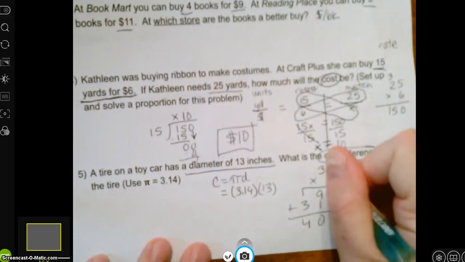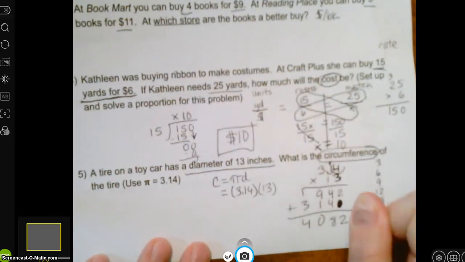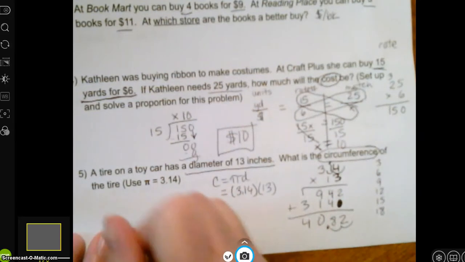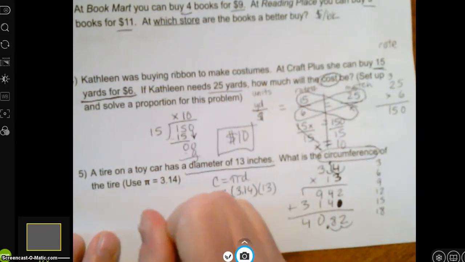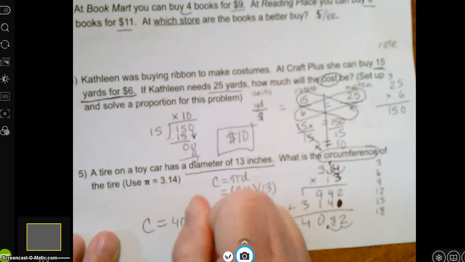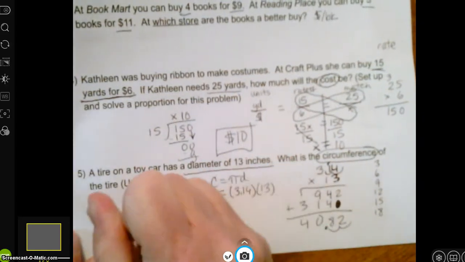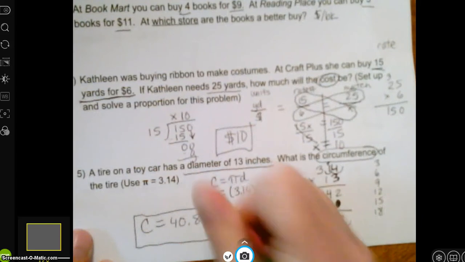And our second to last step, move the decimal, 1, 2, and let's make sure we put our units for our final step, 40 and 82 hundredths inches, and it's inches because circumference is a distance around.